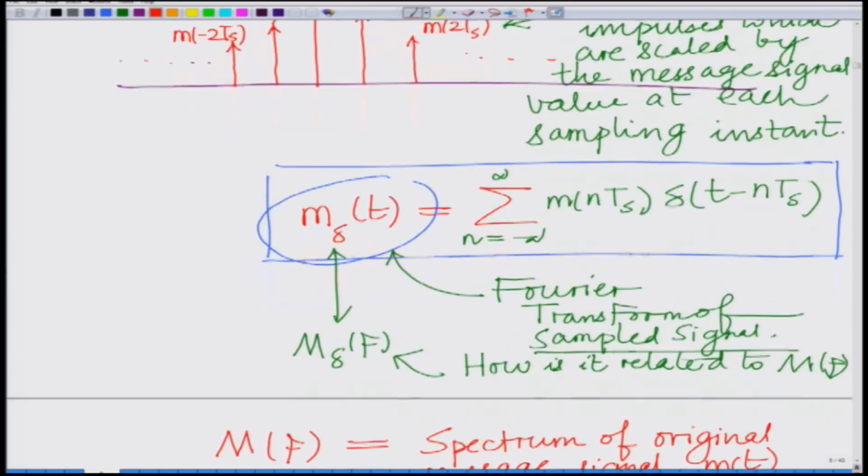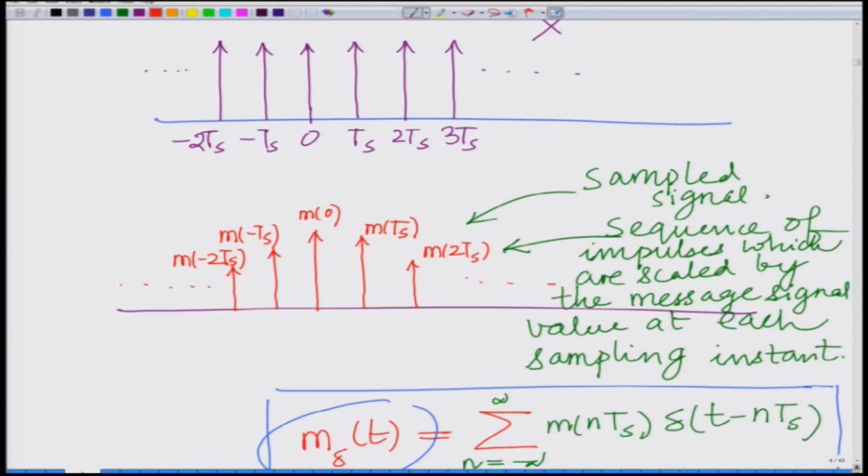If you go back and look here, you can see that we are losing information in sampling, because we are extracting only the information at the sampling instants.